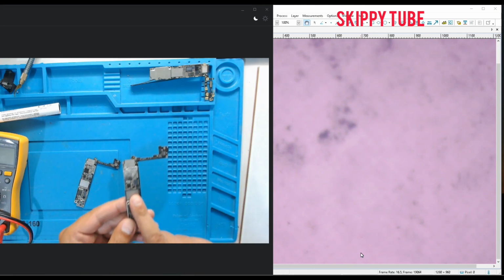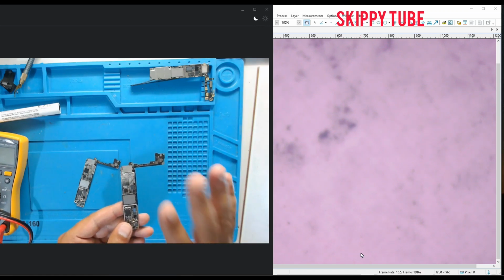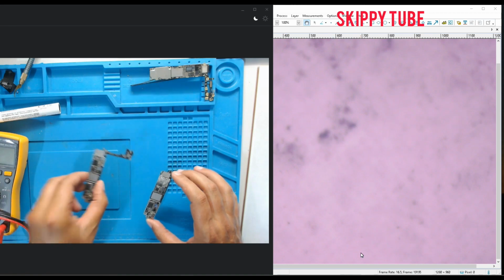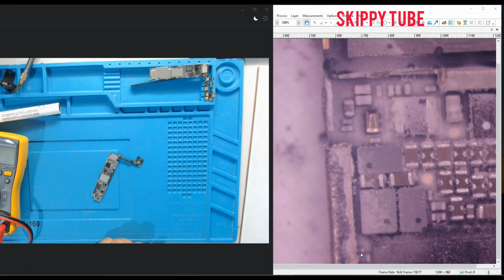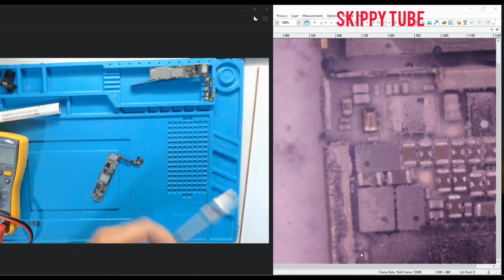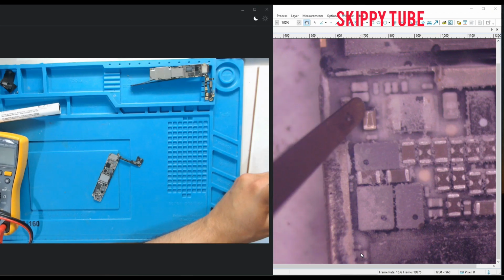Okay, this phone has a fault. You see, I use the rosin smoke and find the issue, and this phone is normal, it's working. I'm showing it under the microscope. You see this capacitor.